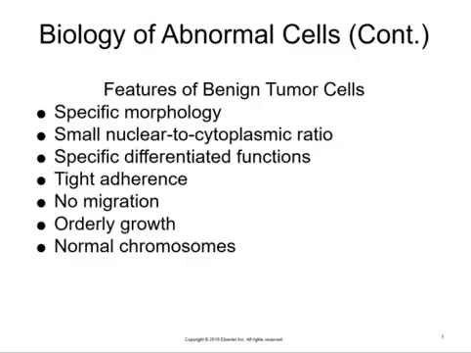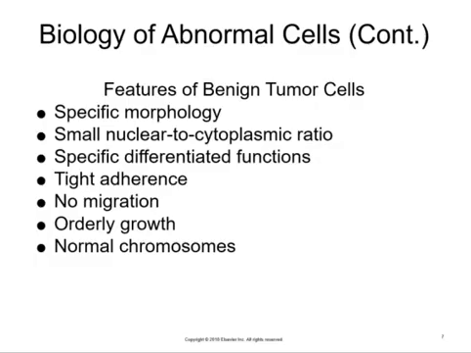Some features of benign tumors: they have a specific morphology that is maintained, so they stay the same as the cells from which they arose. So if you have a tumor in a certain area, and you biopsy it and it's benign, it's going to look exactly like the original cells. Let's say it's a uterine fibroid, it's going to look exactly like that uterine tissue.